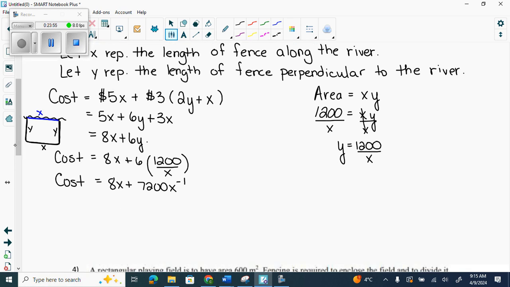So you guys try and figure out the rest. Derive it. Okay, quiet please. So we have cost prime equals 8 minus 7200 x to the negative 2. So we move the 8 over. We get 8 equals 7200 x to the negative 2.